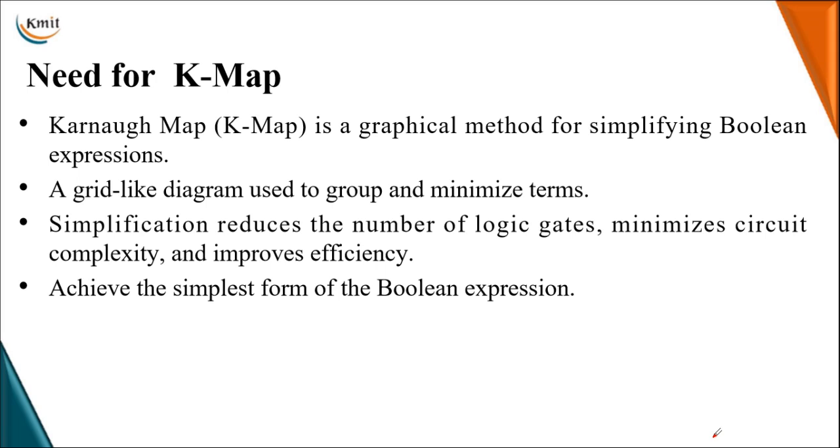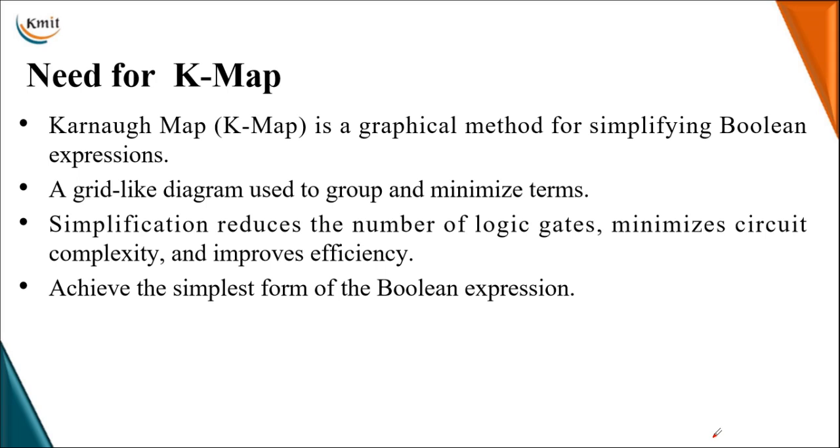Upon minimizing, your function will be in a simplified form, and that simplification can reduce the number of logic gates for implementing your function, minimize the circuit complexity and improve efficiency. With this minimization we can achieve the simplest form of Boolean expressions.